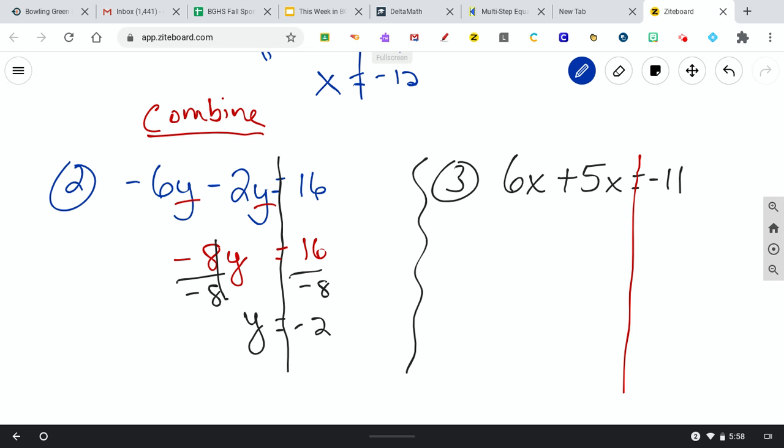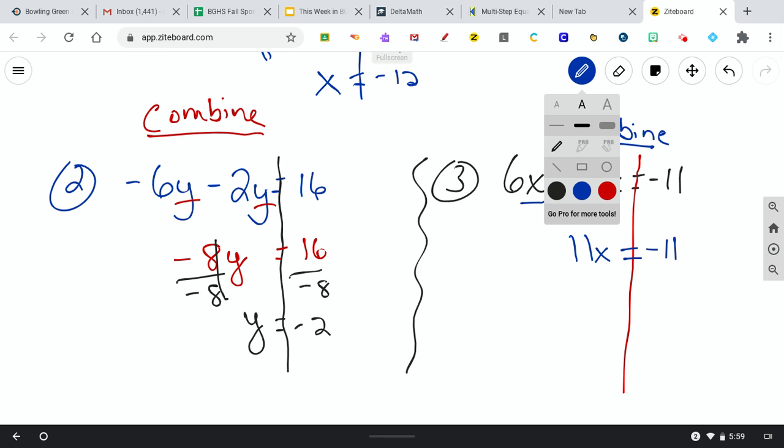On the same side of the line, I have a term of 6x and a term of 5x. So since they're on the same side, I can combine them. That's important because they're on the same side. I can combine them. So 6 plus 5 is 11. So I get 11x equals negative 11.